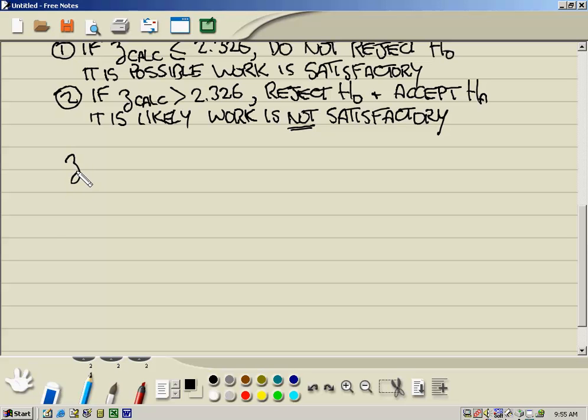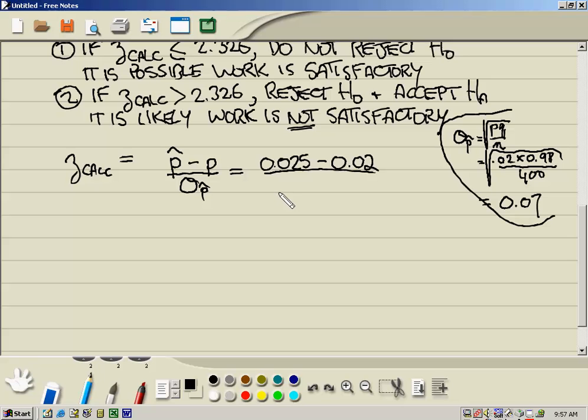So we now calculate z calc, and for a proportions test of this type it goes as follows: p hat minus p divided by the standard deviation of the p hats. p hat is 0.025 minus the p, the middle of the distribution, 2%, 0.02, divided by the standard deviation, as we had from last time, which is 0.007.